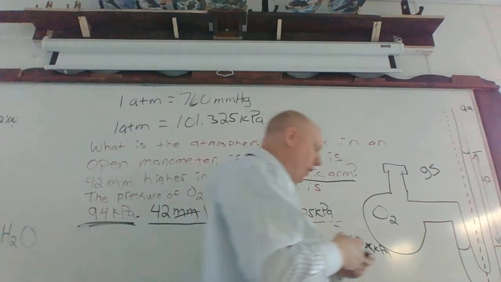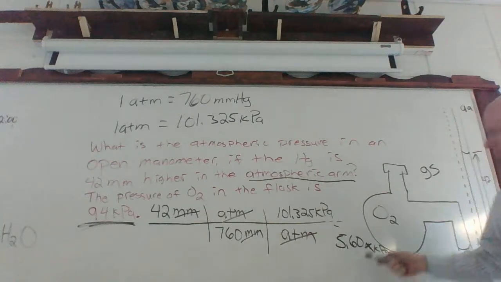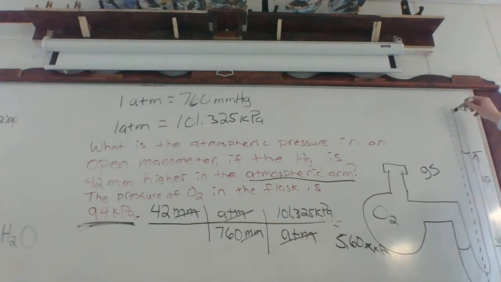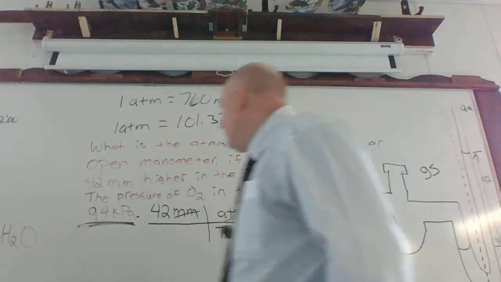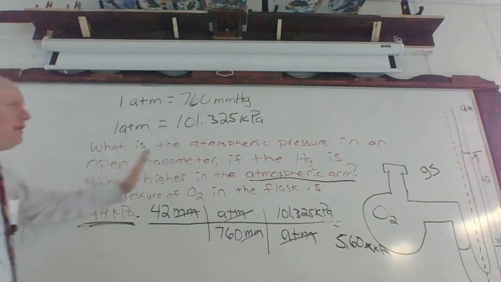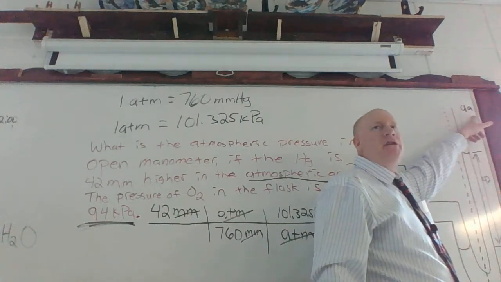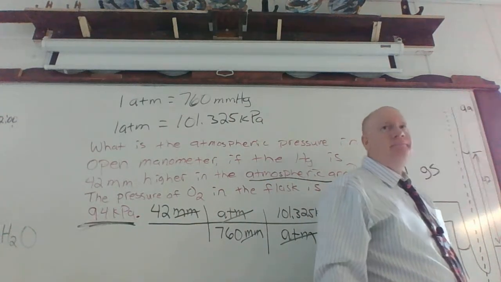But remember, we had said that we liked closed manometers a lot better because you don't have to do this final correction factor, because this open manometer is just as open to the atmosphere. So we would be done. What we see happening then is another aspect. Since this is the atmospheric arm, just picture always add.